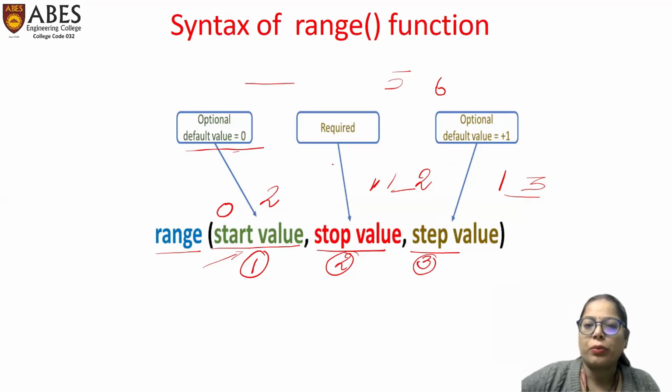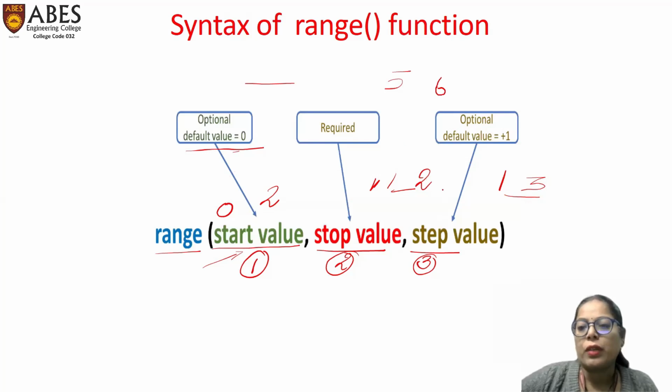In case of optional, the start value will be 0 and the step value will be incremented by 1. But if you want your value to start from 1 or 2 or any other number, but not 0, then you need to mention the start value.